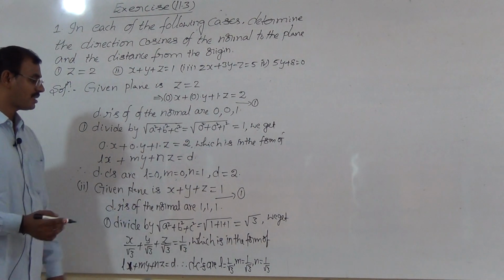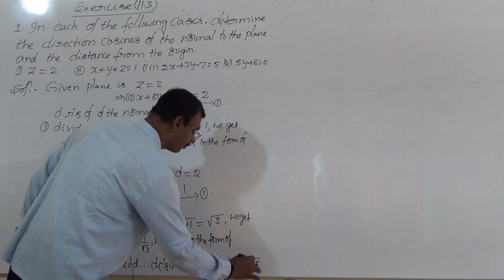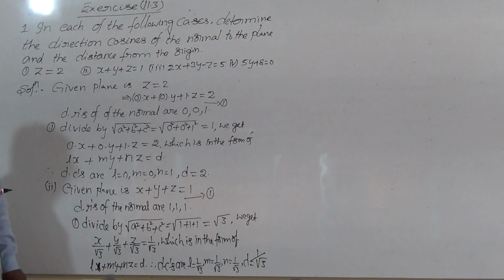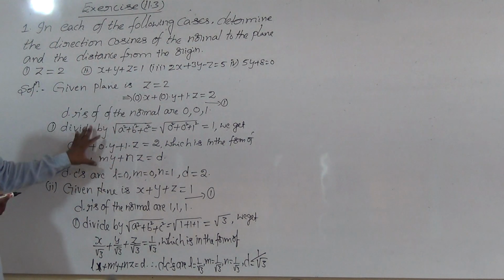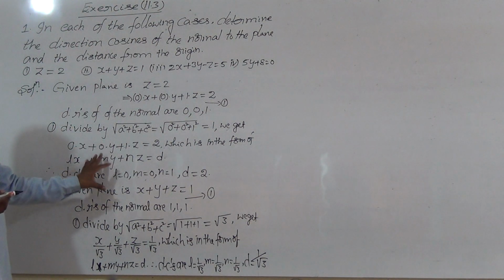And d is also 1 by root 3. This is the perpendicular distance of the plane from the origin. I hope you understand how to convert to the normal form.